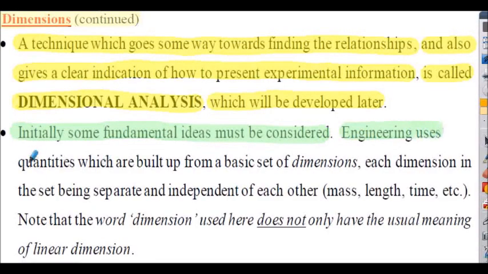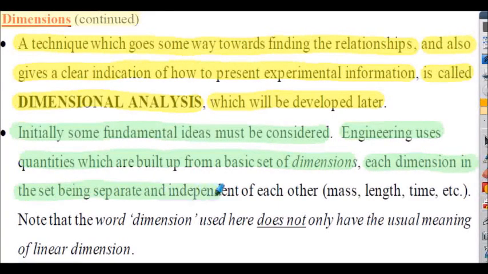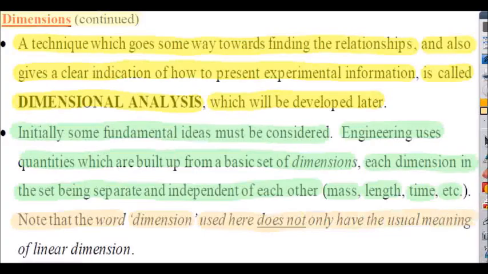Engineering uses quantities which are built up from a basic set of dimensions, each dimension in the set being separate and independent from each other, for example mass, length, time, etc. Note that the word dimension used here does not only have the usual meaning of linear dimension.